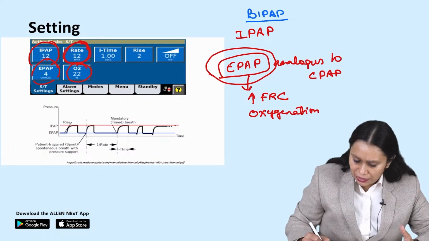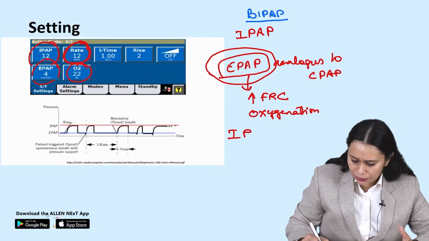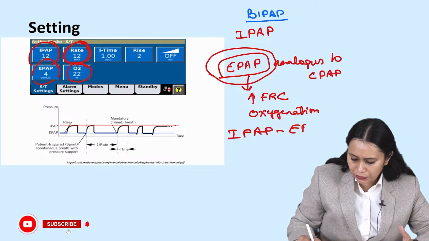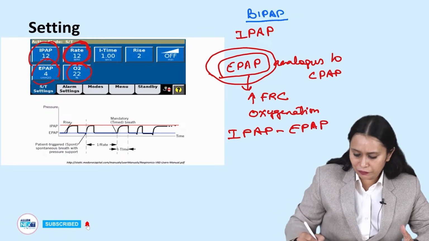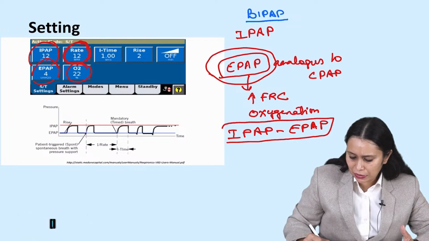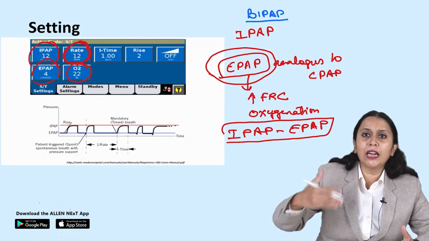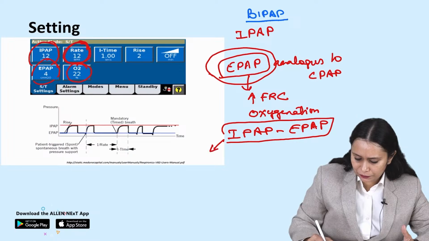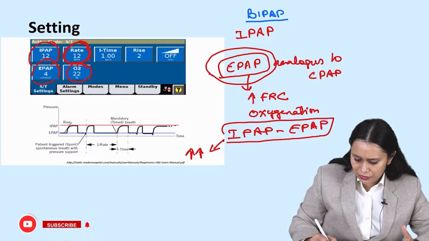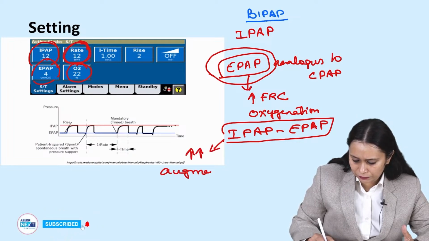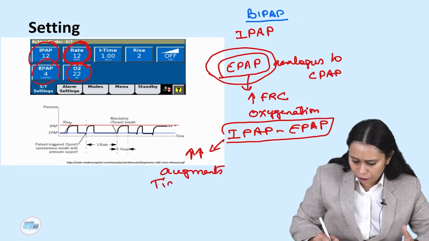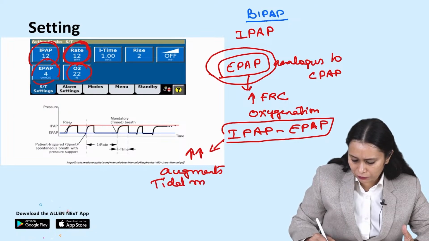So remember that when the difference between IPAP and EPAP is increased, the augmentation of the tidal volume is increased. This augments the tidal volume.